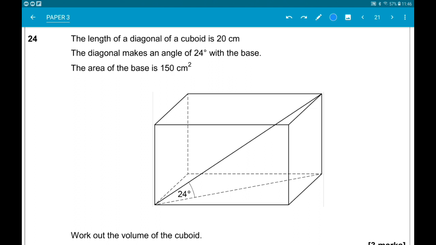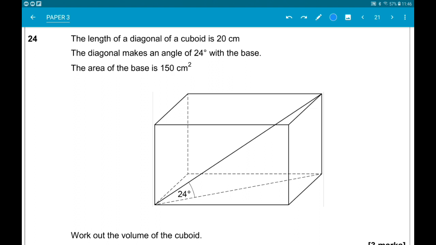Okay, so usually volume is length times width times height. When we do the length times the width, that works out the area of the base. So that bit is already done. So all that we really need is the height.